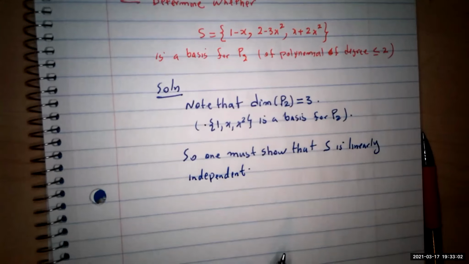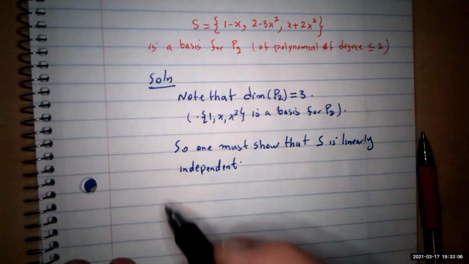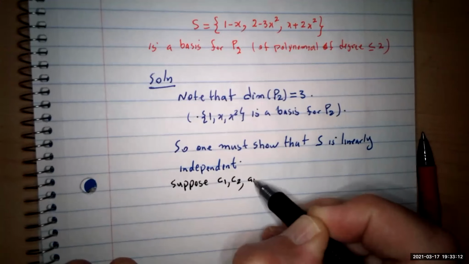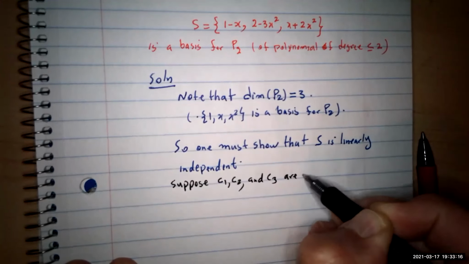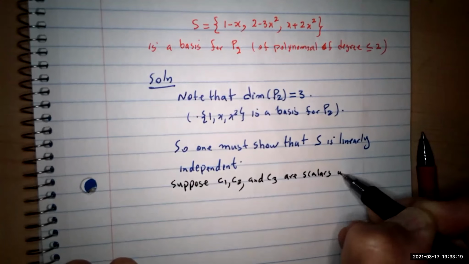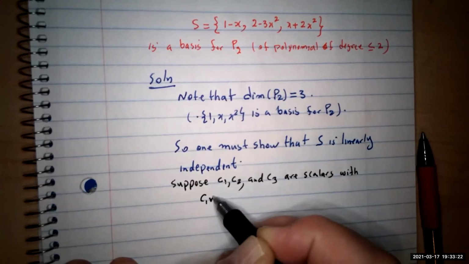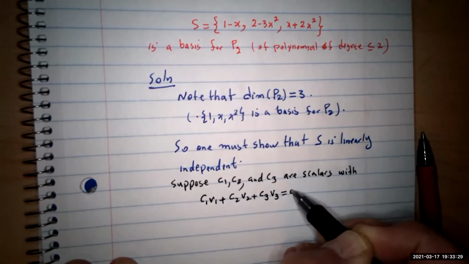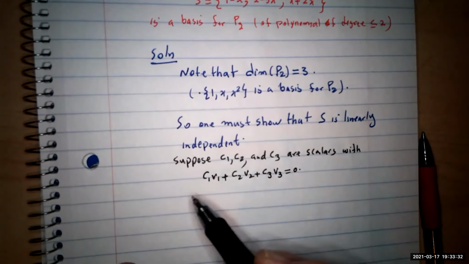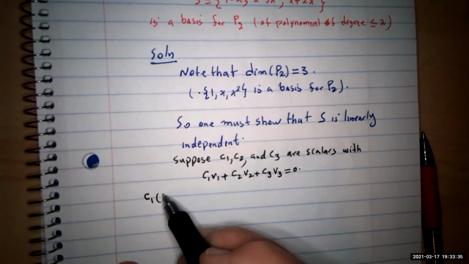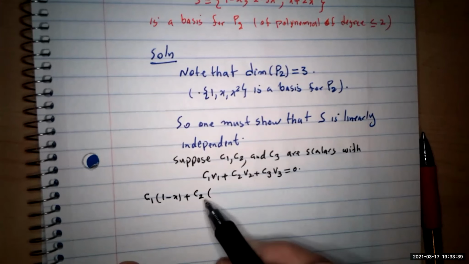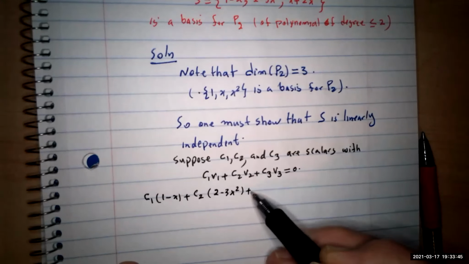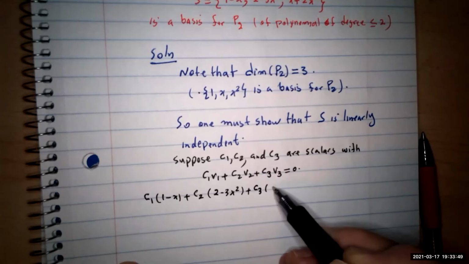Again, the same thing. Suppose c1, c2, and c3 are scalars with, as usual, c1 v1 + c2 v2 + c3 v3 equal to 0. Let's format it: we have c1 times (1 - x) plus c2 times (2 - 3x²) plus c3 times (x + 2x²).